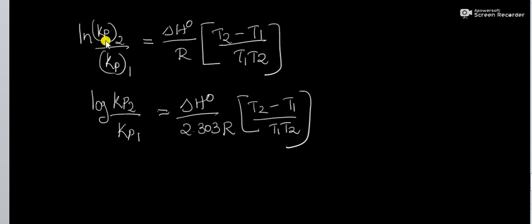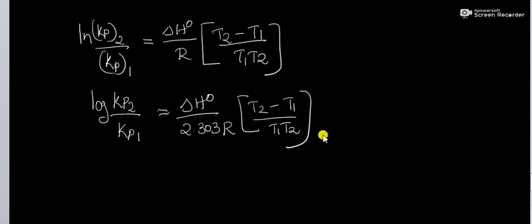That is ln Kp2 divided by Kp1 is equal to delta H0 divided by R into T2 minus T1 divided by T1 T2. Converting into logarithm, we can write log Kp2 divided by Kp1 is equal to delta H0 divided by 2.303 R into T2 minus T1 divided by T1 T2.